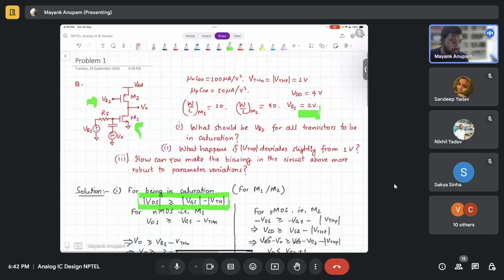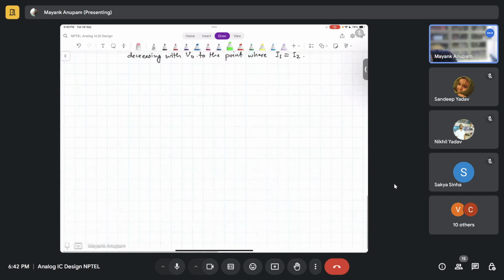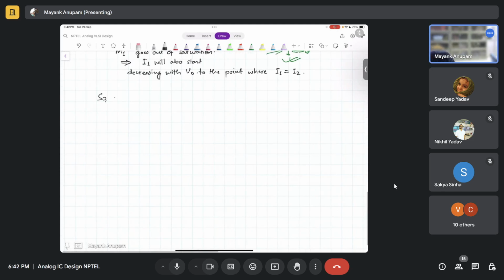So VB2 has to be such that M2 also supplies 1 milliampere, isn't it?